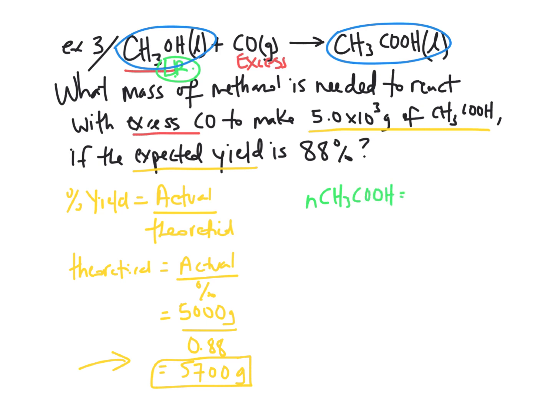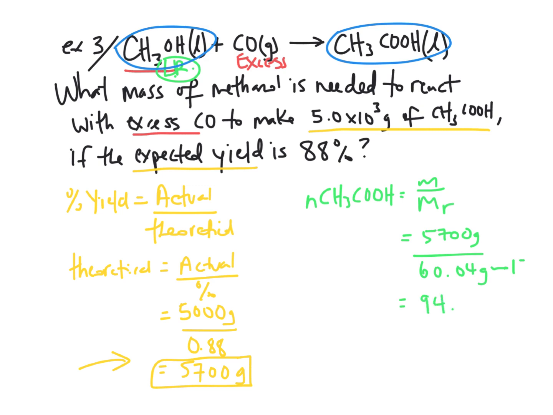That's going to be this mass that we just determined, divided by the molar mass. I should maybe write that equation out for you first. Mass divided by molar mass. Mass is 5,700 grams. Molar mass is, if you look at the periodic table and total it all up, 60.04.